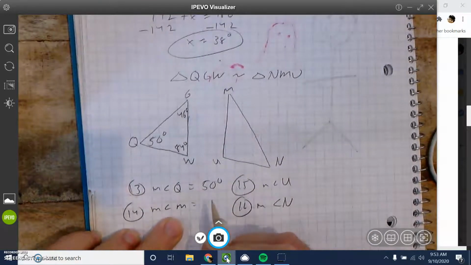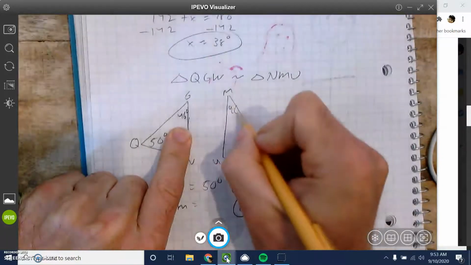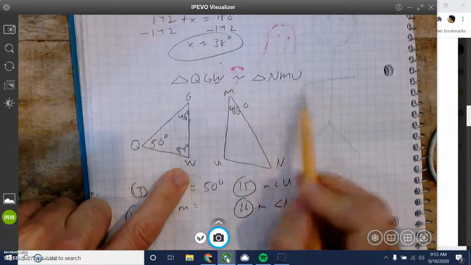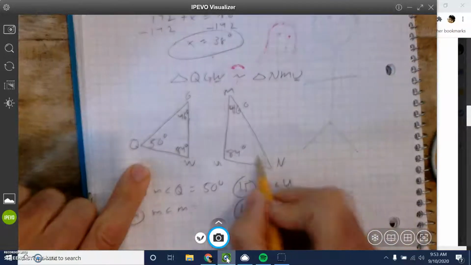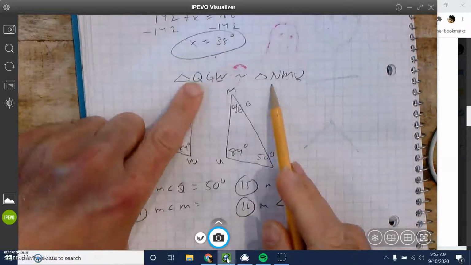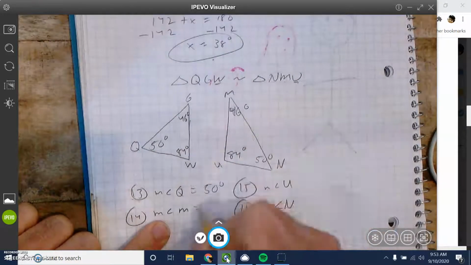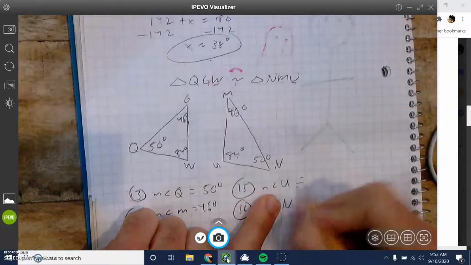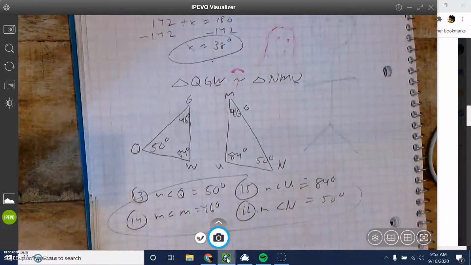The measure of angle M is the same as G, so it's congruent to G. W and U are congruent, so this is 84. Oh, it's sort of reflected, I'm seeing that, and this is 50, because angle Q and angle N come first. So measure of angle M is 46 degrees, measure of angle U is 84 degrees, and measure of angle N is 50 degrees. Hopefully you got all those.